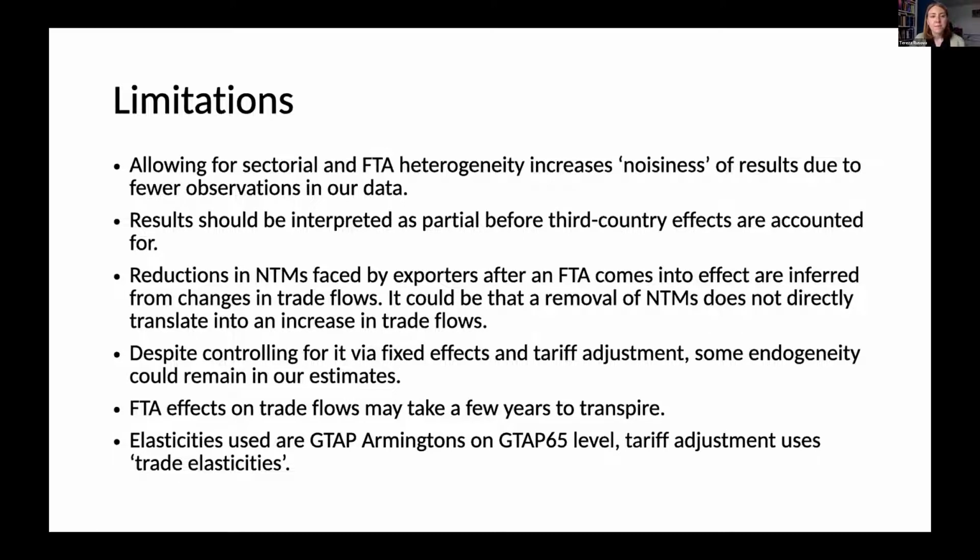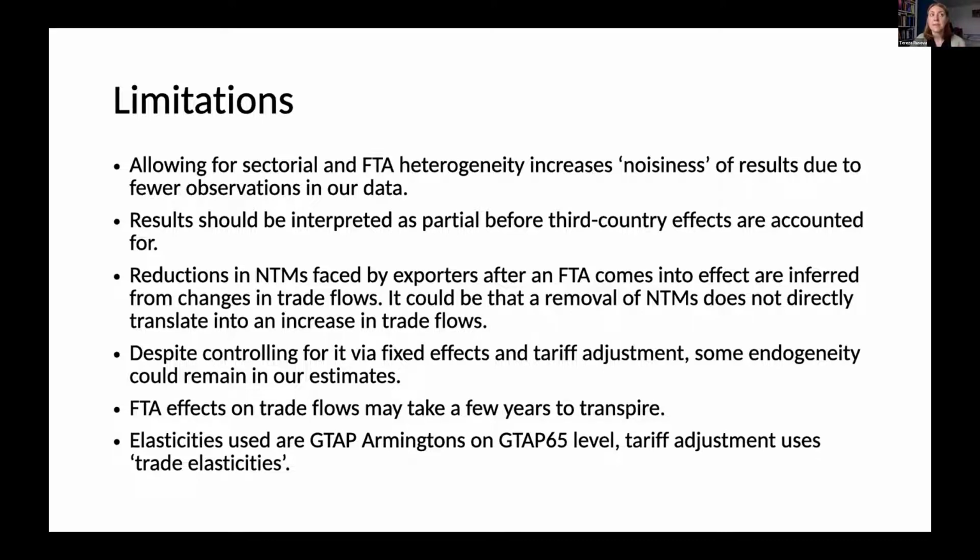So in terms of limitations of this approach, as you will see, as we go more granular, looking at individual FTAs at the GTAP 65 level, we increase the noisiness of the data and of the observations. And as I said before, the results that we present should be interpreted as partial, i.e. before controlling for third country effects.